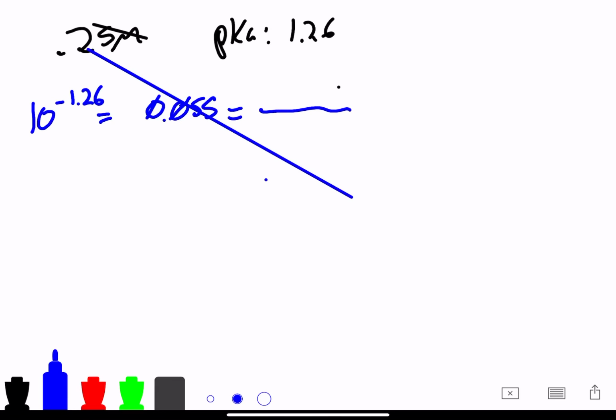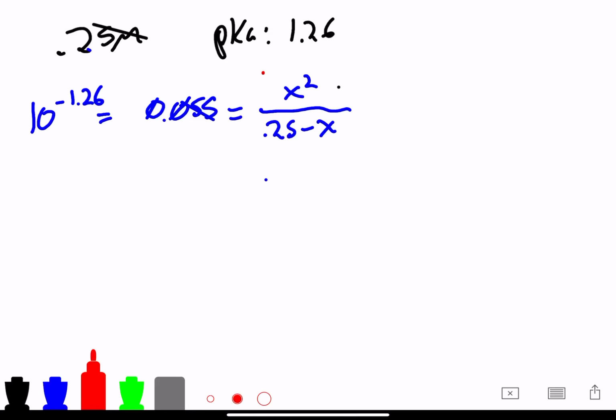So there's only one acidic hydrogen here. So we're going to have x squared, right, because H plus times A minus over the concentration, which would be 0.25 minus x. First step is going to be to multiply both sides by 0.25 minus x.